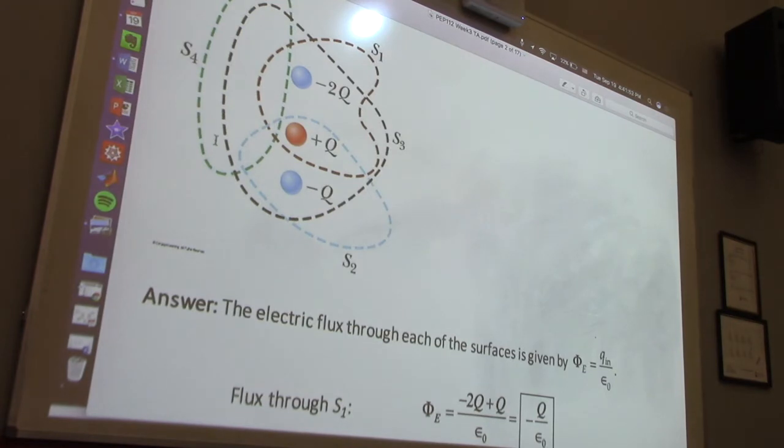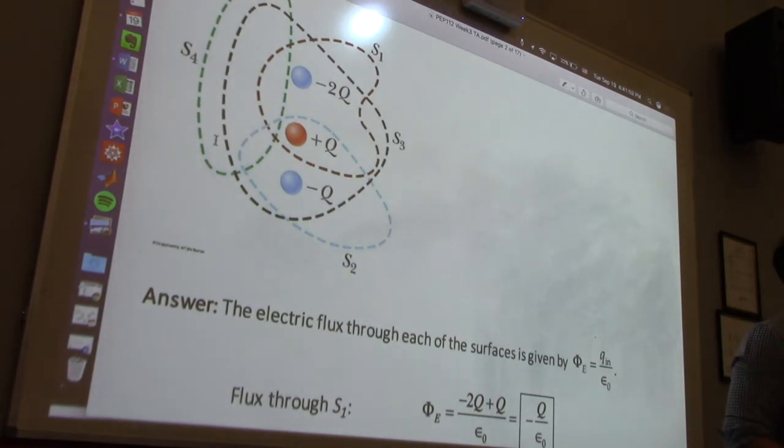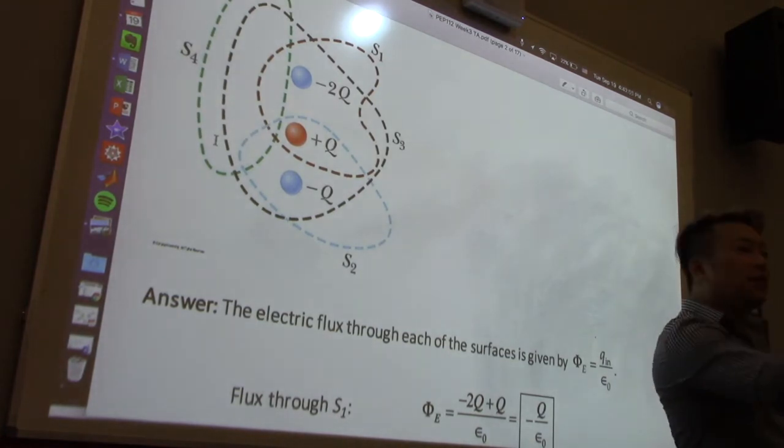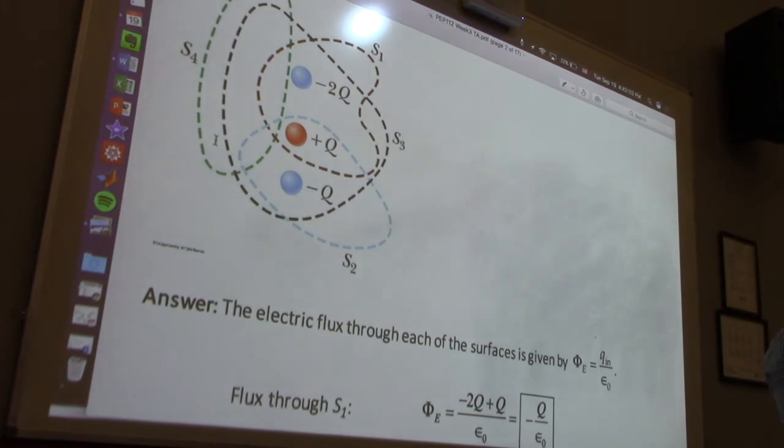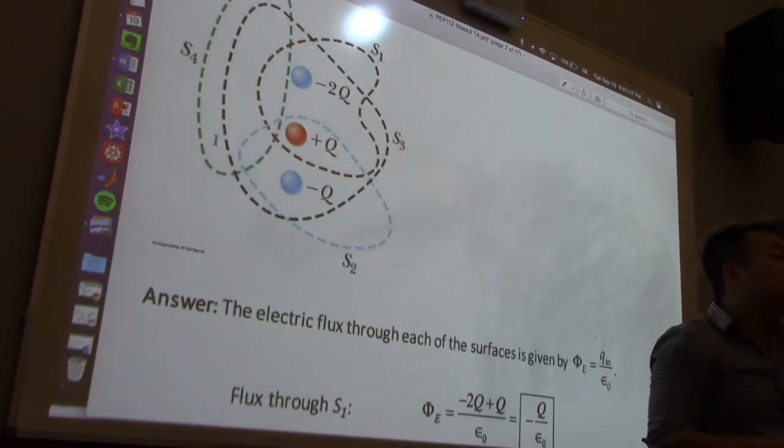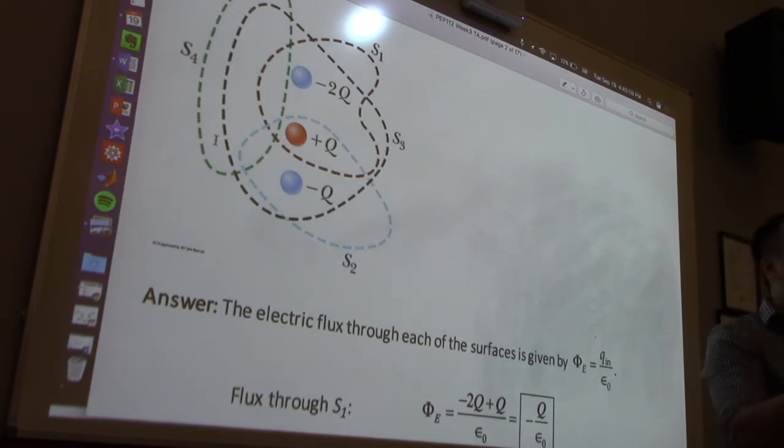So this is really simple, but it's really powerful. The thing to take away here is that the surface that you draw is arbitrary. It could be perfect circles, perfect spheres, cylinders, any shape convenient to the system that you're trying to solve.